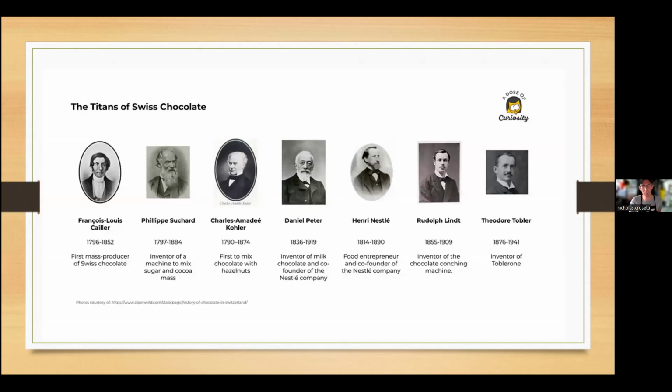These gentlemen all here, many of whose names you will recognize just from chocolate still being produced today, all kind of operated in and around Switzerland around the same time too.